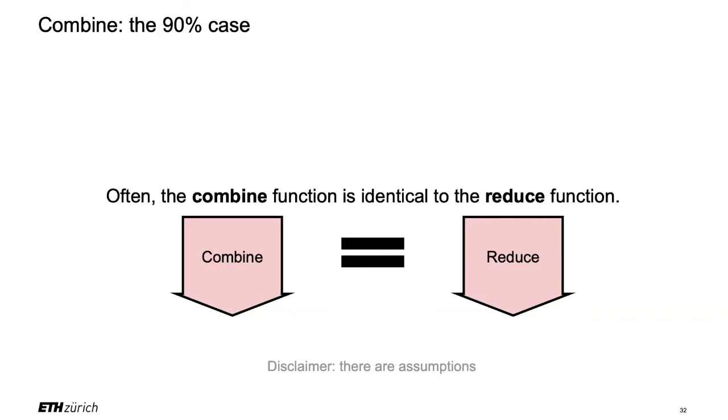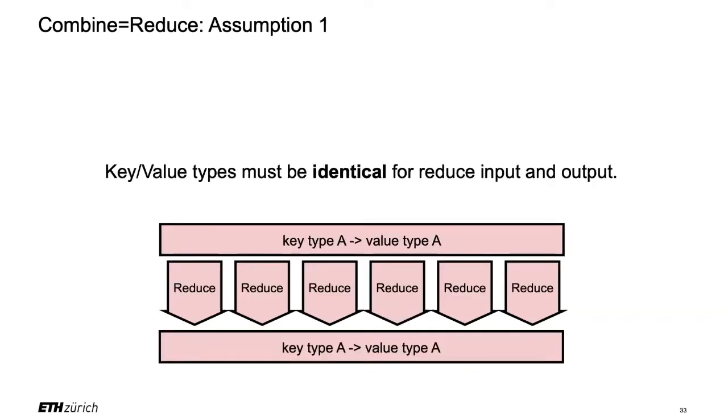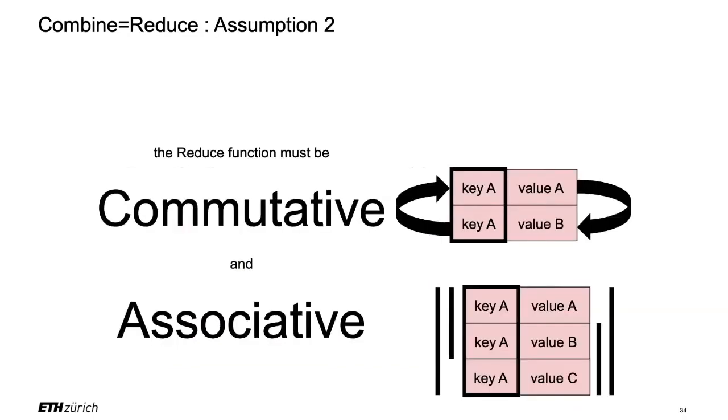The two words that I had in mind, and they might actually imply homomorphic, is commutative and associative. So here, this is your answer, right? The same type for the output and the intermediate key value pairs. And here I have commutative and associative.